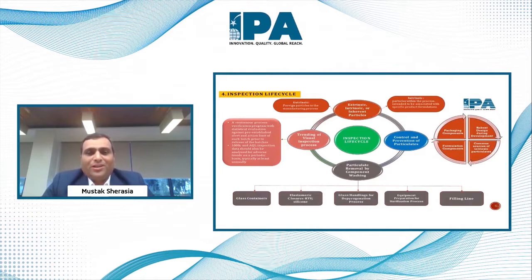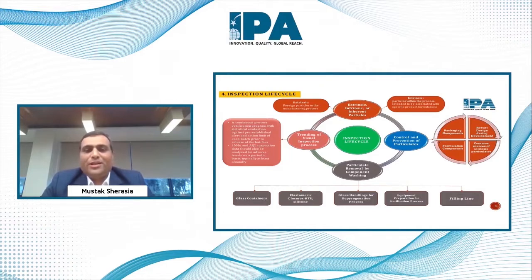This is a very important slide, and I would like to touch upon it in more detail. While considering the visual inspection of a product, the thought should start from the development stage itself, and that is an important consideration to take up during development of the product. This stage is important to identify the intrinsic particulate from primary components, formulation components, and common sources inherent in the product itself.